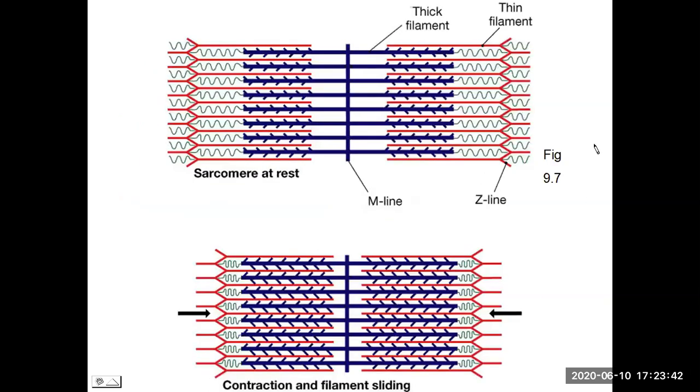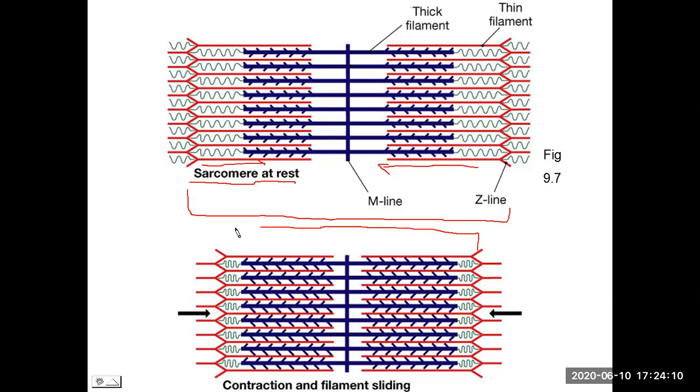And a great illustration here. So a relaxed sarcomere, a resting muscle, and we see this distance from Z line to Z line, the length of a sarcomere. And as we just described, myosin heads pulling actin towards the center of the sarcomere, dragging those connected Z lines, and we see that reduced length of the sarcomere.